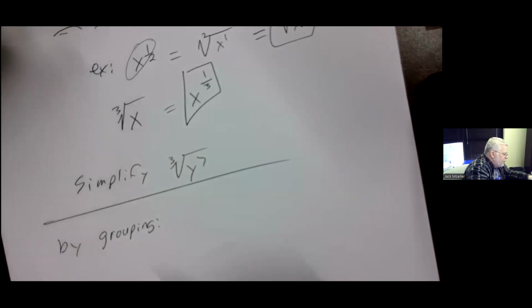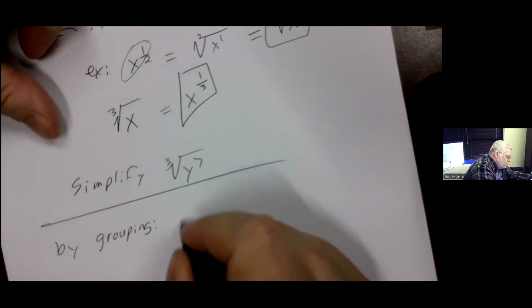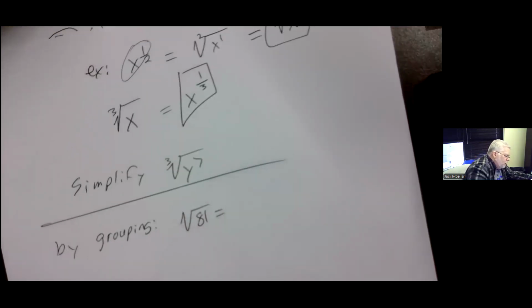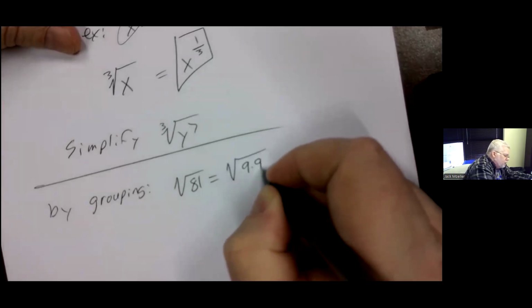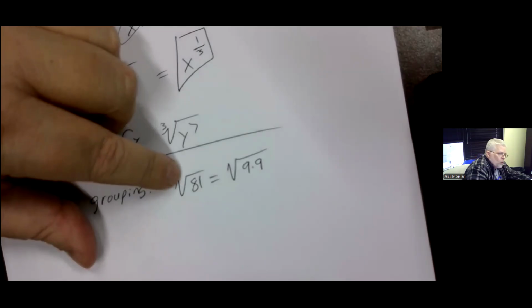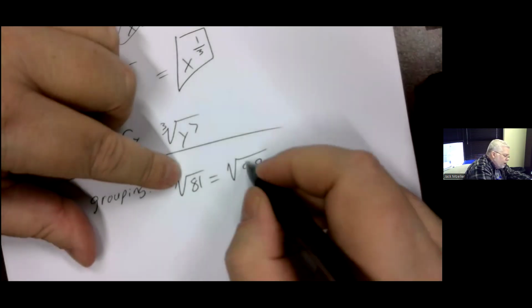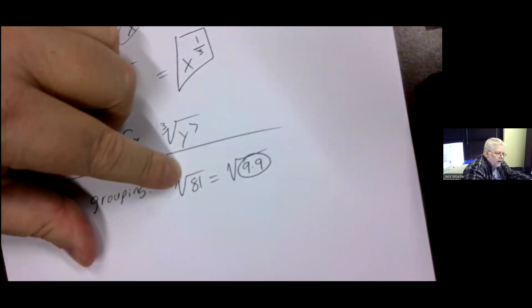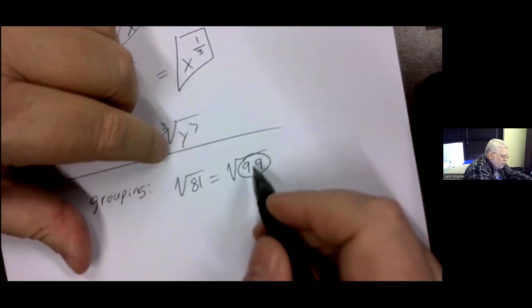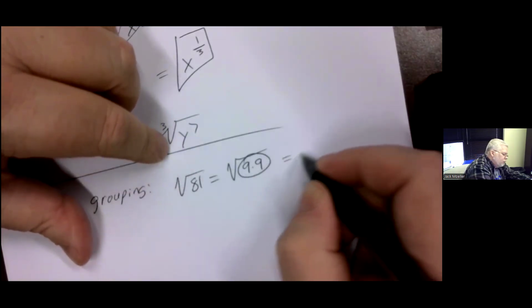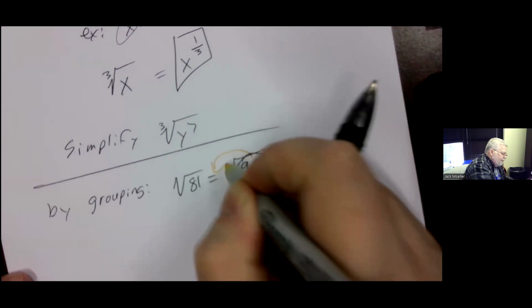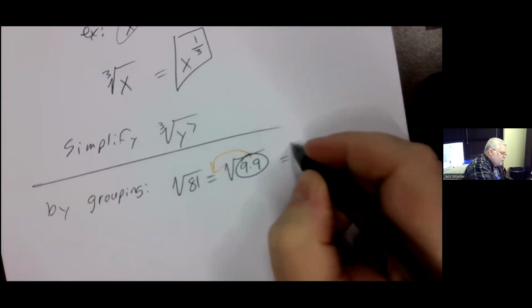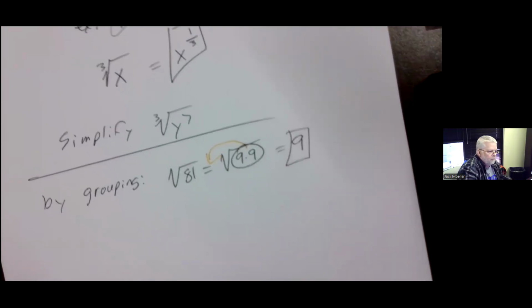Let me back up with that 81. By the grouping method, 81 is 9 times 9. Since it's a square root, we're looking for pairs. I have a pair of 9s, so one gets pulled outside the radical, and then there's nothing left. That's why the answer is just 9.